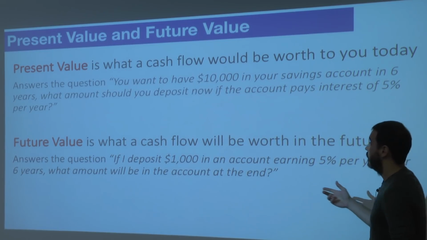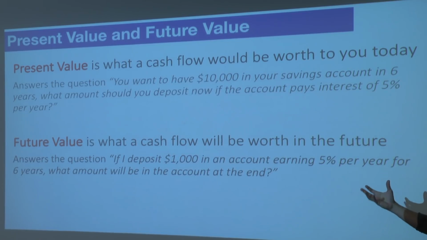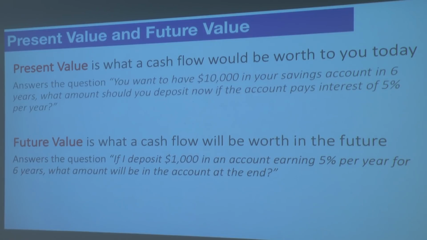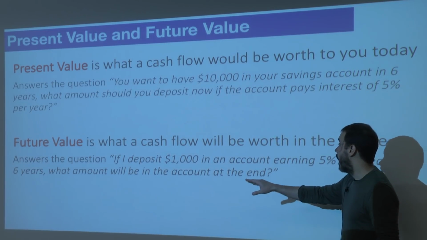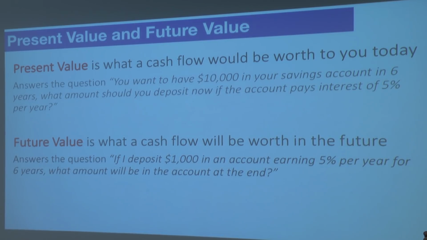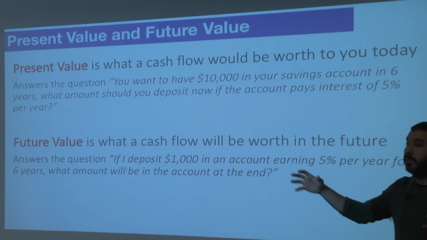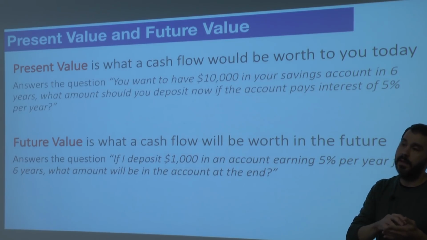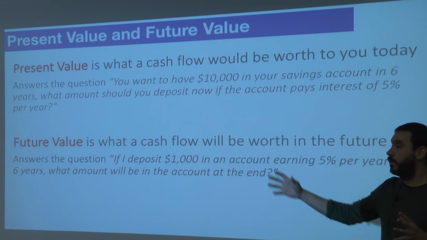Future value is kind of the reverse. It's telling you if I have a certain amount now, so that is my present value now, and I can earn a certain interest rate on my account in a certain amount of time, like in 6 years, what will that account grow into?